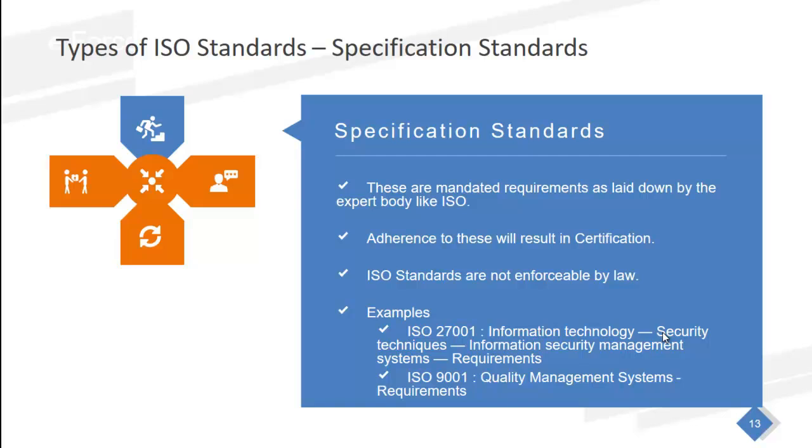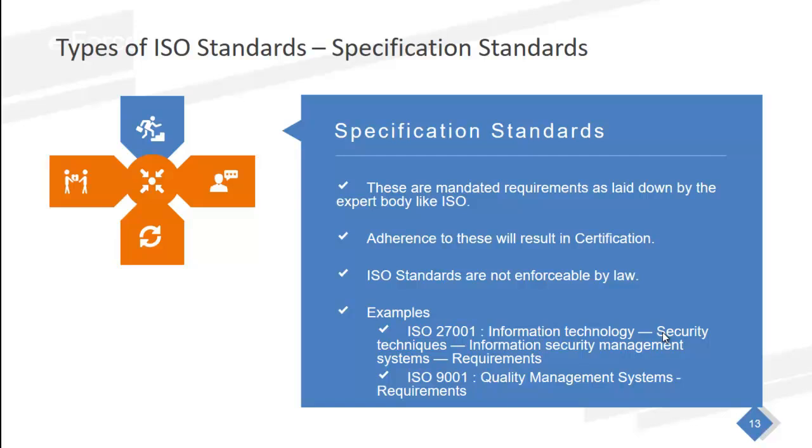Should any organization choose to meet the mandated requirements as per the specification standard and chooses that it is audited by a competent authority, your organization shall be certified for this specification standard. Remember that ISO standards are not enforceable by law. Hence, it is a voluntary choice by organizations to implement particular ISO standards in their own company.